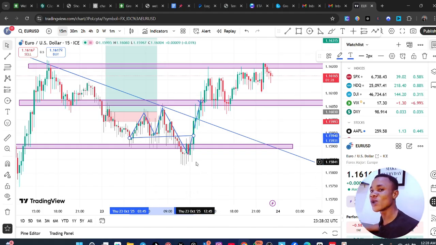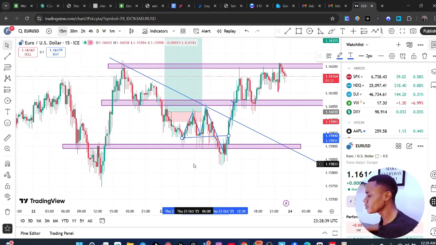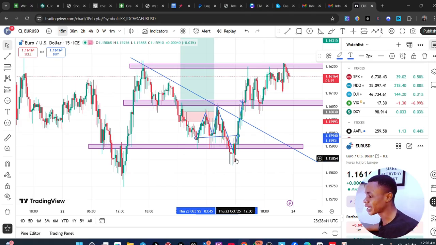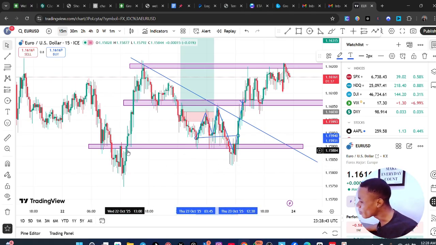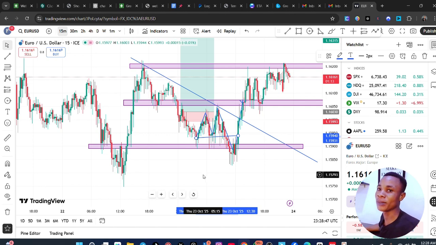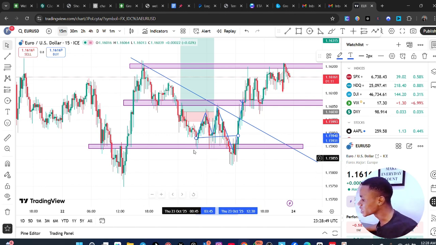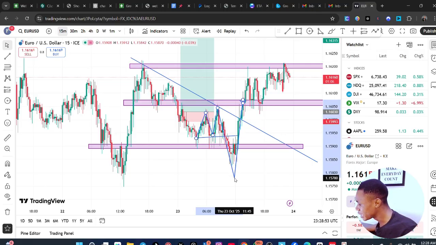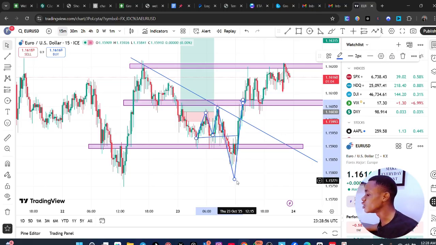But that's why I always say wait for confirmation, maybe using your candlestick patterns, your support and resistance, and all of that. But look at it. The reason why the market could not break out completely is because there is a support line here that shows that the market will test. So there's not going to be a complete breakout. But if the market had come to somewhere, let's say this line was somewhere here at this point, then there should be a breakout.